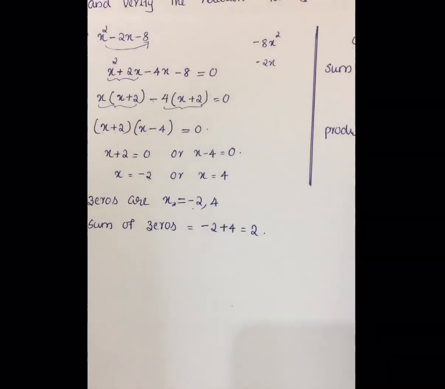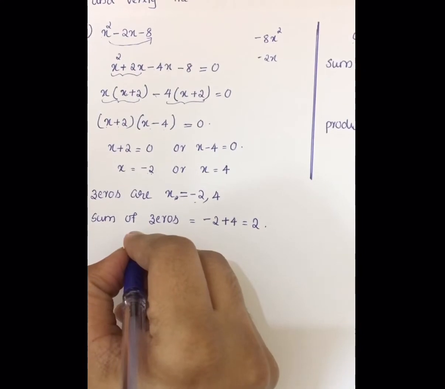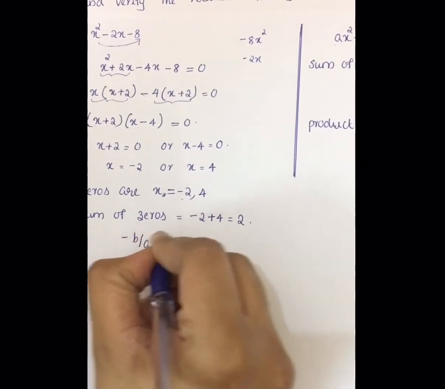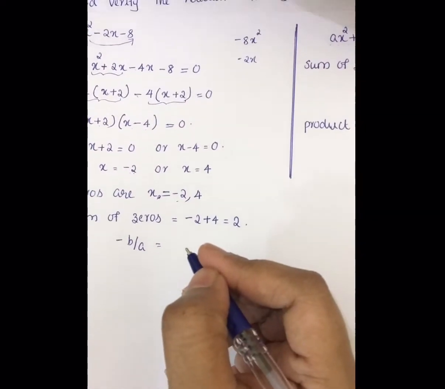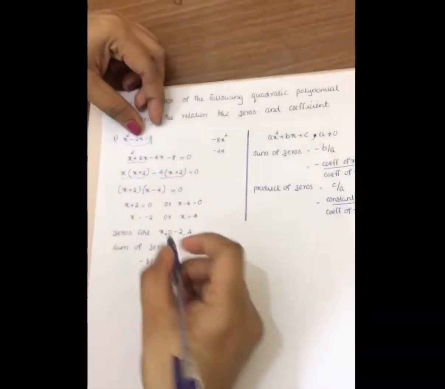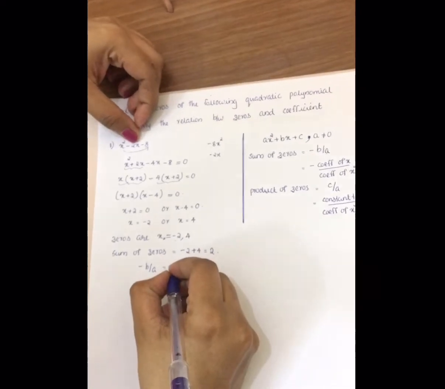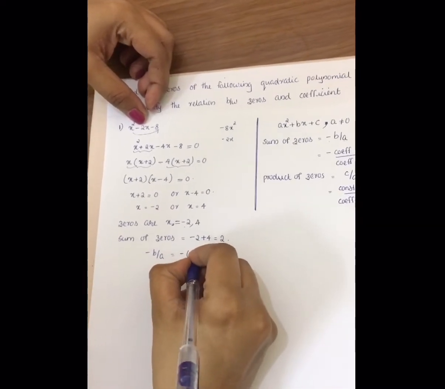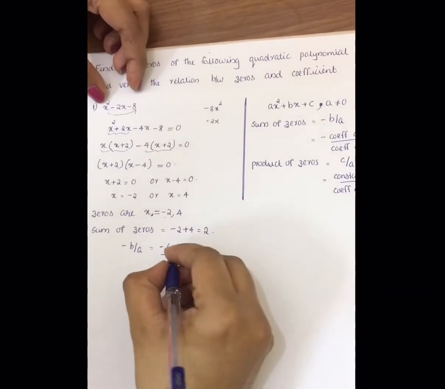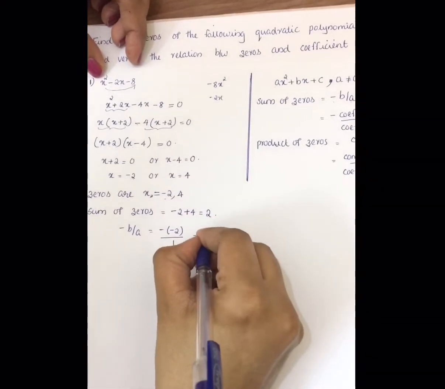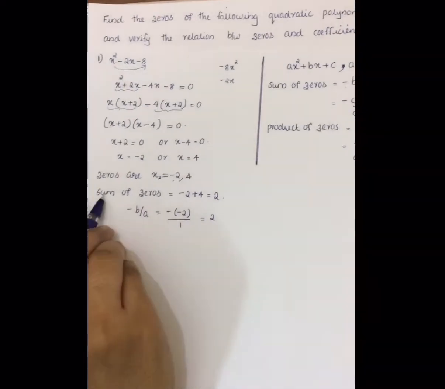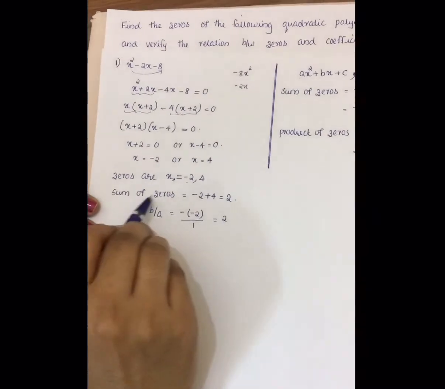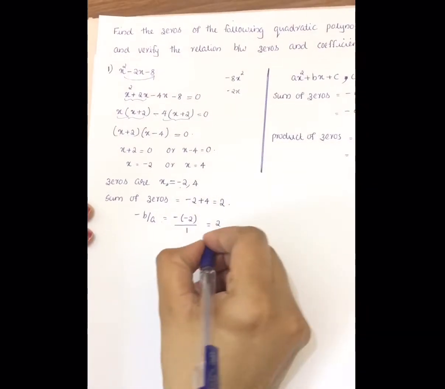And we can verify minus b by a, or minus of the coefficient of x. What is the coefficient of x? The coefficient of x is minus 2. Then minus of minus 2 divided by a, which is 1, is equal to 2. So the sum of zeros is equal to 2 and minus b by a equal to 2. That means the sum of zeros is equal to minus b by a.